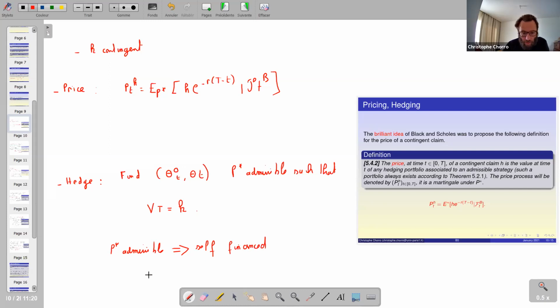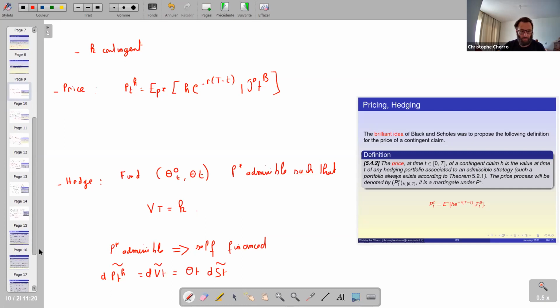And so I have d of V t tilde equal to theta t d of S t tilde. But this d of V t tilde is just d of the price of H tilde by definition of the price, okay? So I have this stochastic differential equation for the actualized price from the fact that the price is given by the value of a P star attainable financial strategy that is in particular self-financed.